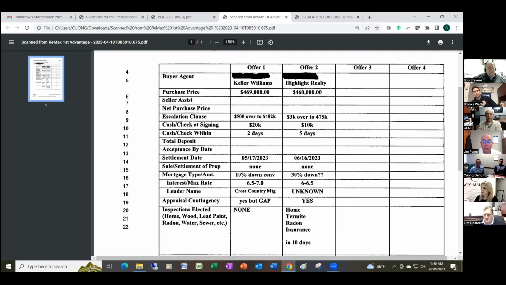Now, what I have done in the past too, and you're allowed to do this, is counter an offer during an escalation or with escalations and such. And you can call them up and say, this is not an escalation. This has nothing to do with the escalation. This is just a straight up counter.